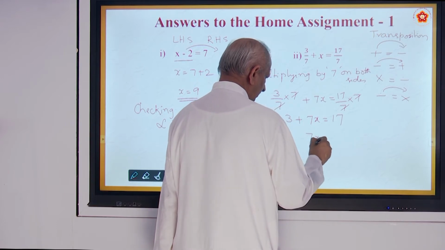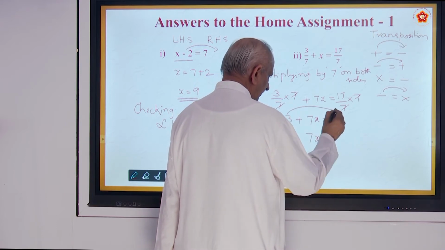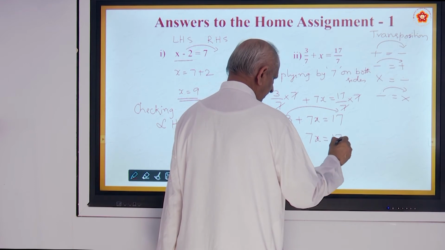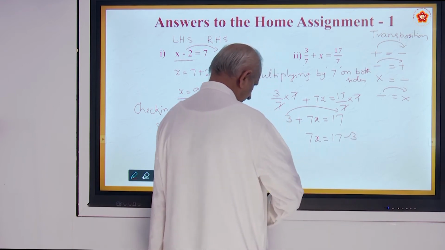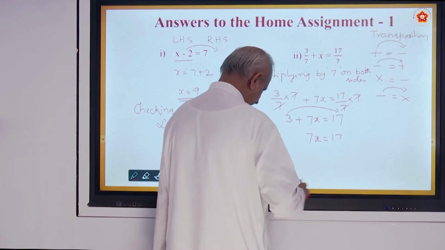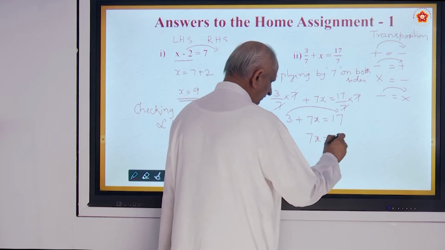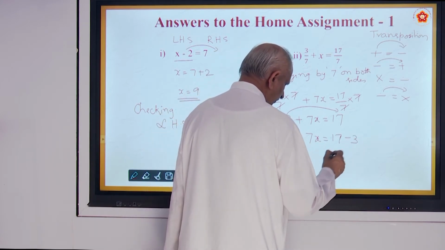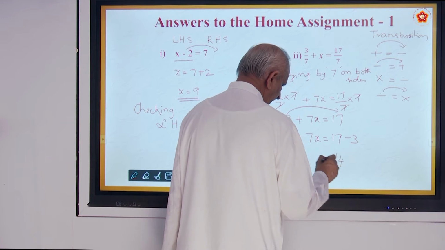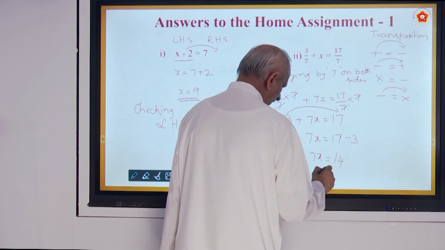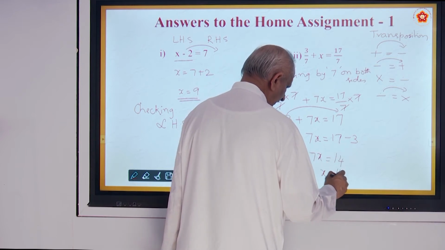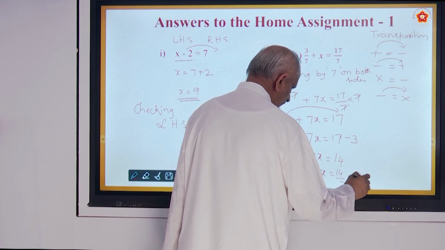So, 7x is equal to, bring this side, 17 minus 3. 17 minus 3 means how much? 17 minus 3 is 14. So, 7x is equal to 14 or x is equal to 14 by 7, that is 2.